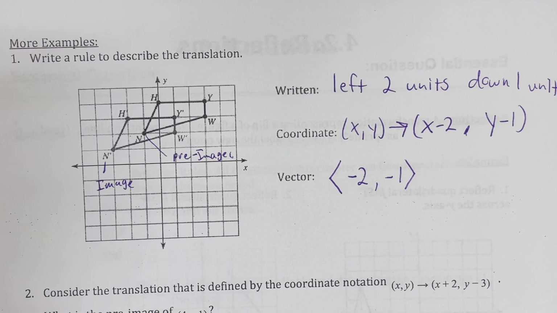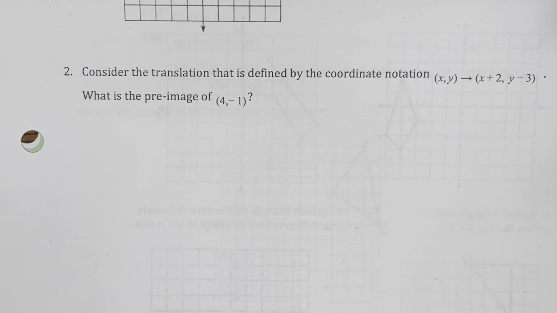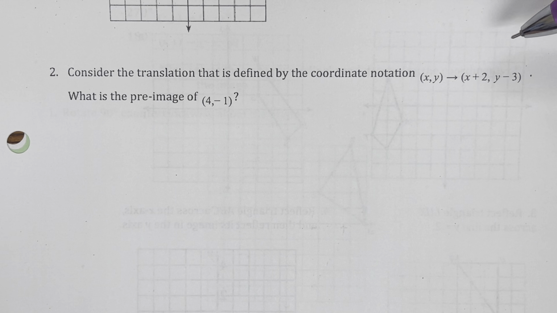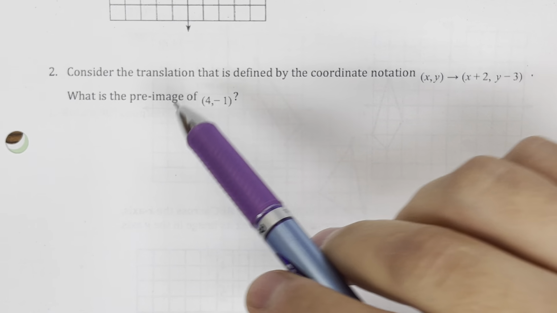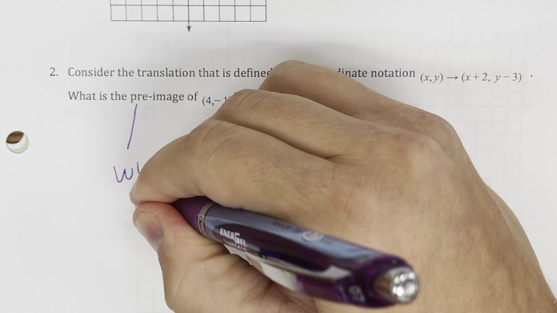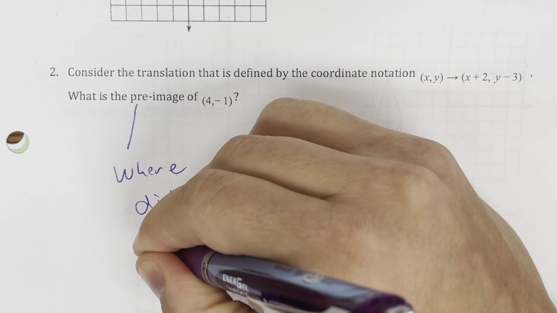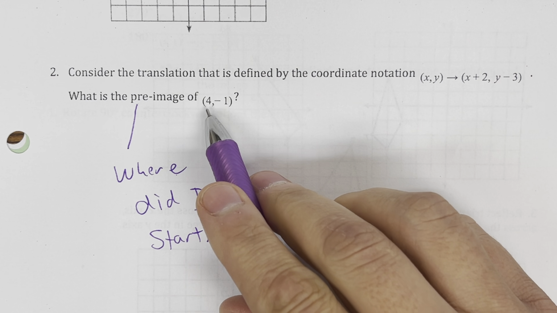And lastly, it says, consider the translation that is defined by the coordinate notation, x plus 2 and y minus 3. What is the pre-image of 4, -1? So the pre-image means, where did I start? So this is the end point. All right, this is where we ended.